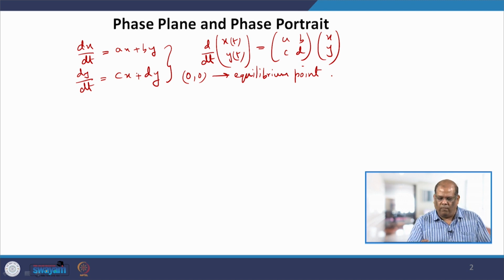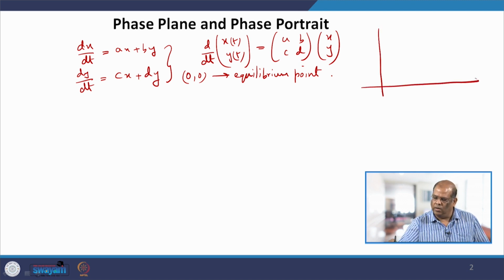Now if I want to solve this and plot the graph, I can plot it like this. This is my t, this is my x(t) and y(t).